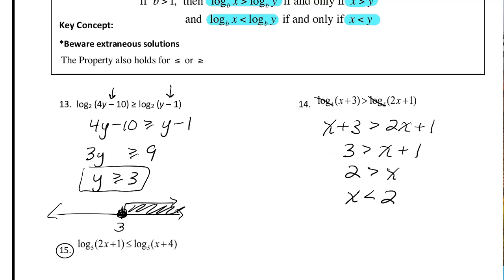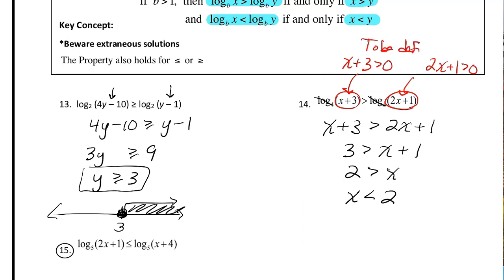This one we have to be careful about because there are certain numbers that are less than 2 that if you plug into either one of these, you're going to get a log of a negative number. So really both of these quantities need to be positive. So x plus 3 needs to be positive, and 2x plus 1 needs to be positive to be defined.